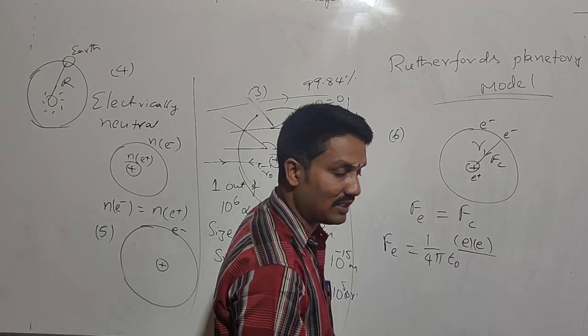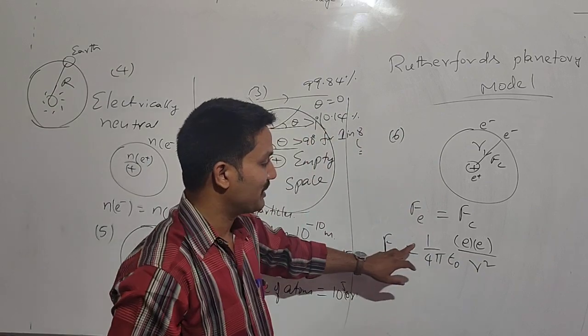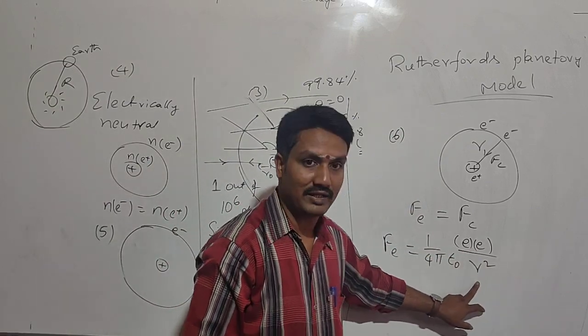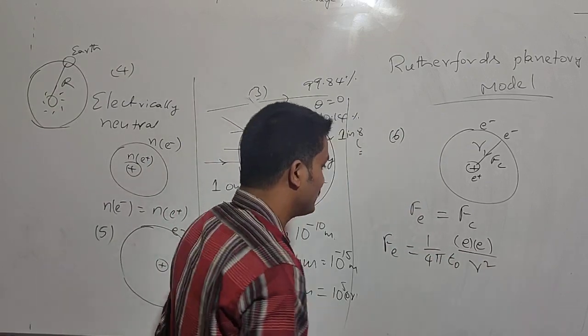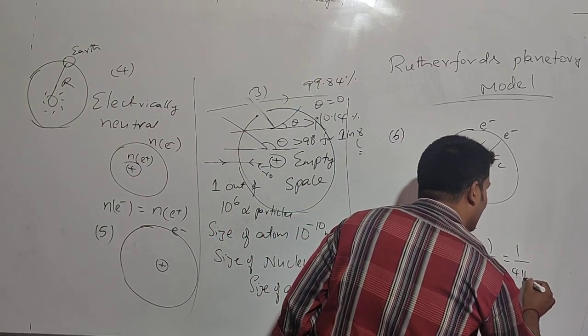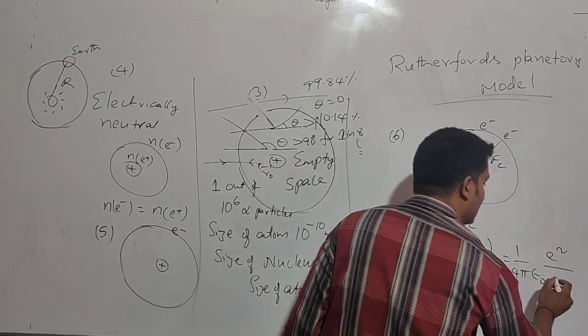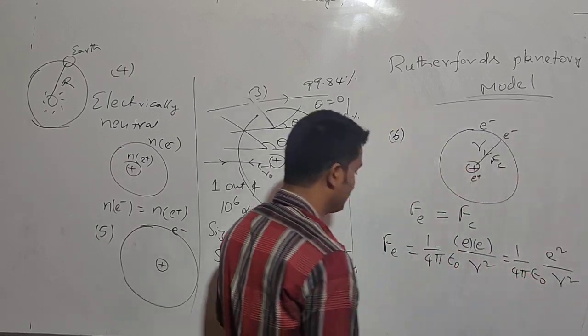Let us consider small r. Then here we have to take 1 by 4 pi epsilon naught e into e divided by r square. So from this one, we write Fe equals 1 by 4 pi epsilon naught e square divided by r square.